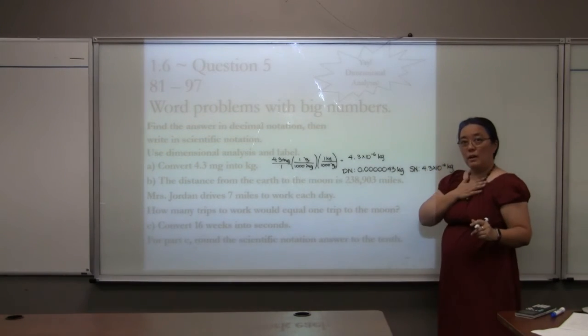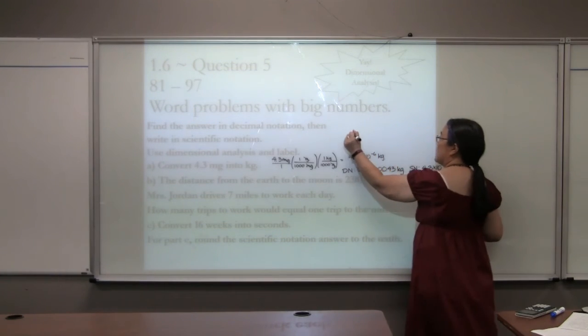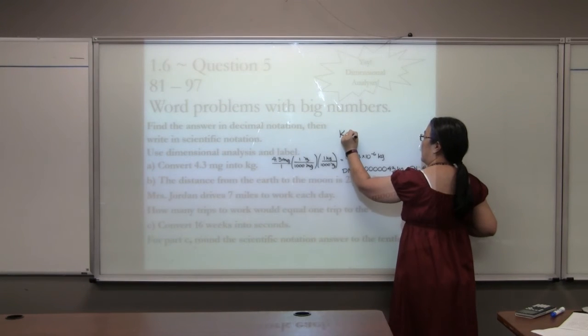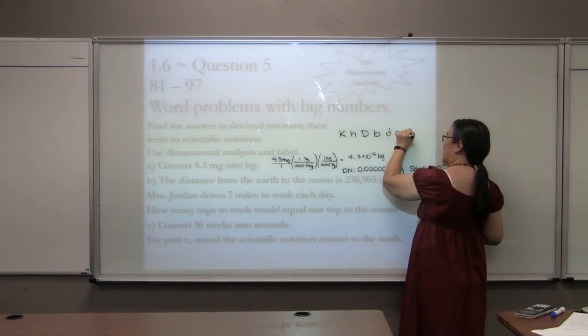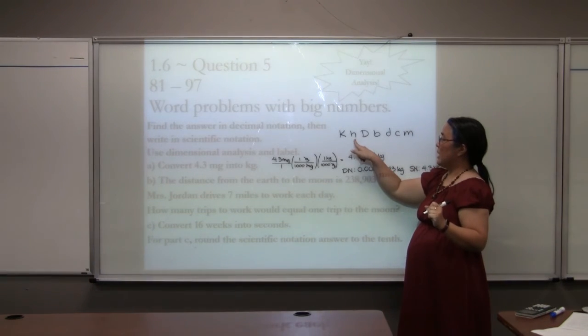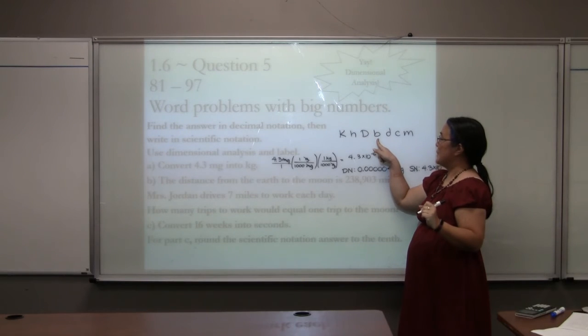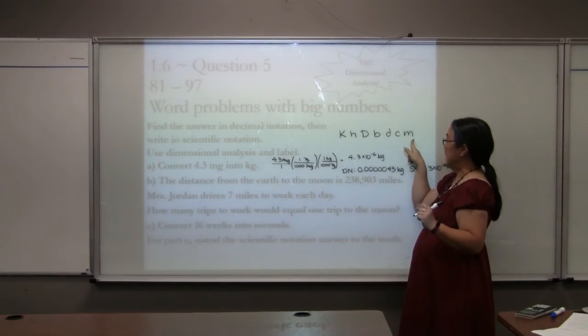From our college prep science teachers, I have heard that you can also use King Henry died by drinking chocolate milk. King Henry died by drinking chocolate milk helps you remember kilo, hecto, deca, the base unit, which in this case is grams, deci, centi, and milli.